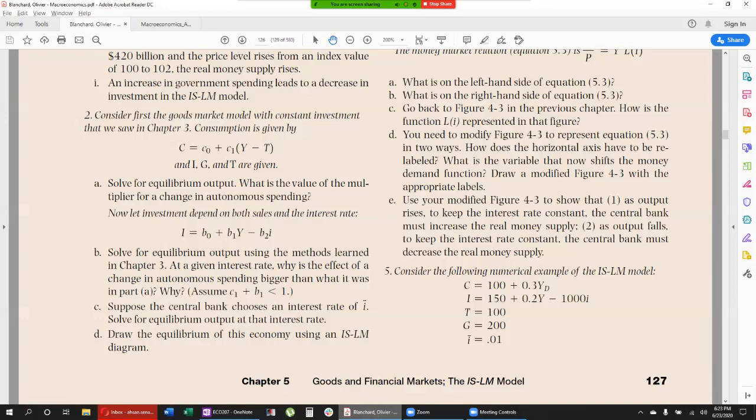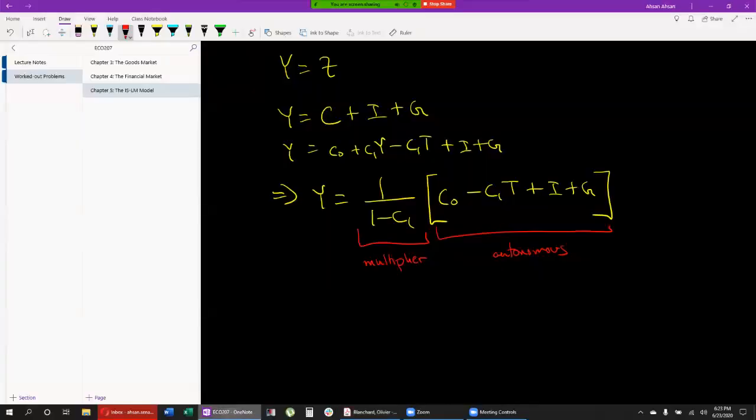In the next part, we're going to assume that investment is no longer exogenous. So therefore, the level of investment now depends on the level of income and the level of interest rate.